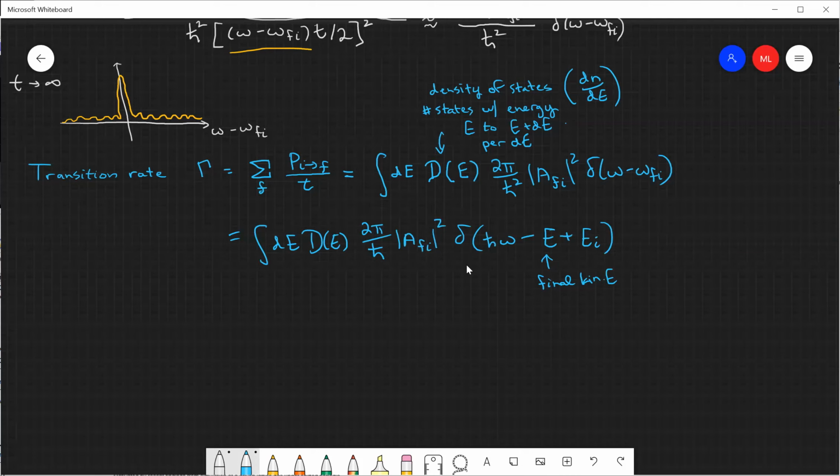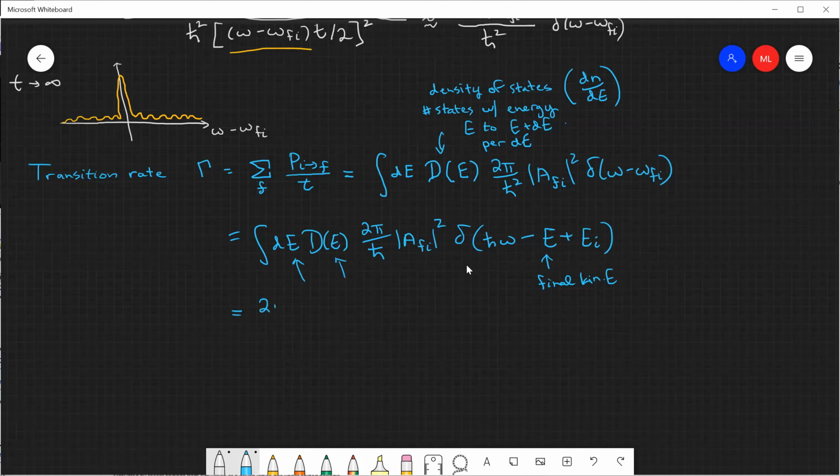So that's just that. So you get this delta function. And now you can evaluate it because we're integrating over all of the final kinetic energies, right? So now we can just evaluate this integral because, well, it's just a delta function.